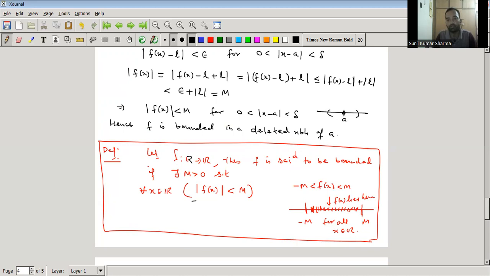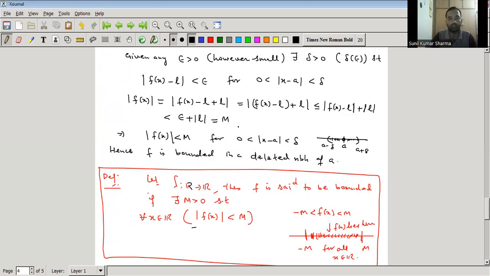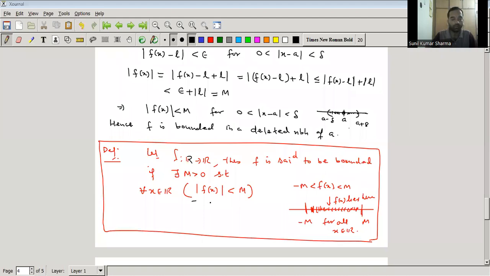So this point is not a part of this. So a minus delta to a plus delta, you can take any x except this a. So we have discussed 3 theorems in this lecture.